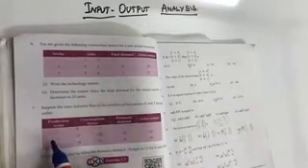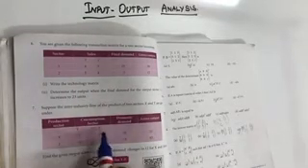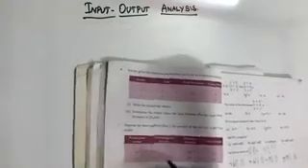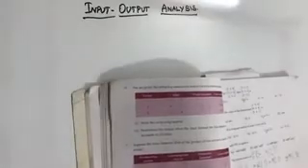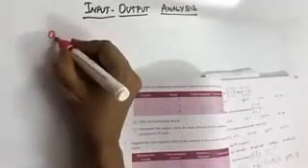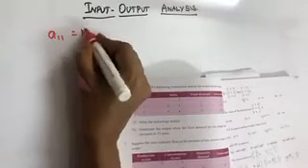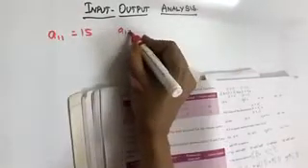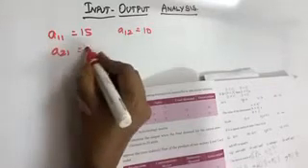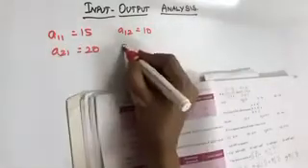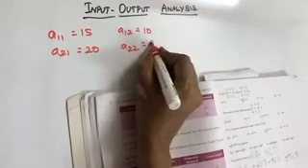For the first row, I write A11 as 15 and A12 as 10, A21 as 20 and A22 as 30.